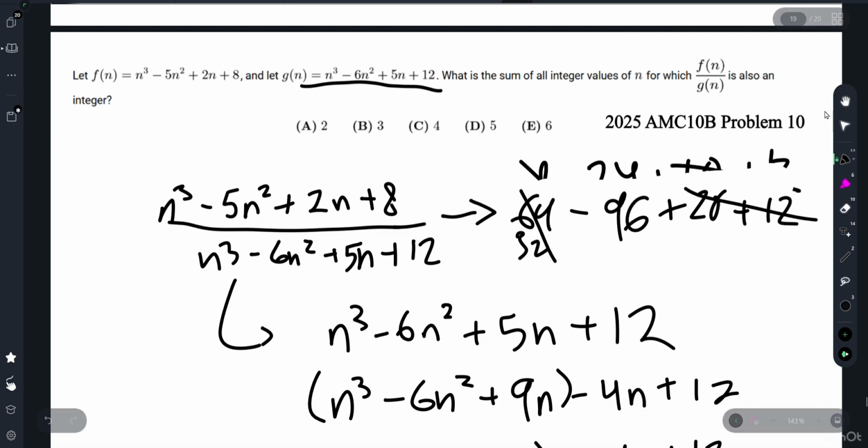So 96 minus 96 is 0. So in this case, it'd be 0 on the bottom. So that doesn't work. So our only value of n that would make this an integer would be 2. Answer choice A.